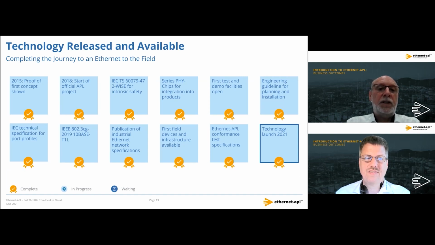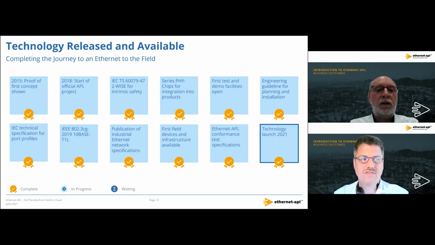New standards have been developed, like the IEEE 802.3cg standard, which was released at the end of 2019, published in 2020, and the name is even 10BASE-T1L. That's the core of Ethernet APL. In addition to that, the explosion protection mechanism had to be defined.